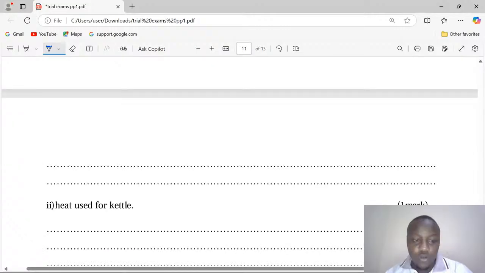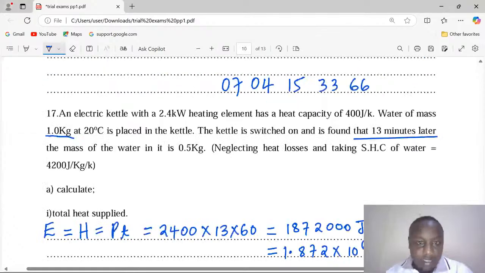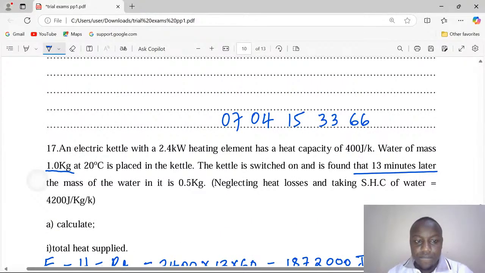Heat used for the kettle. Remember, for the kettle we have the material, and it's going to change temperature all the way to 100, because the water in it has to boil and vaporize.